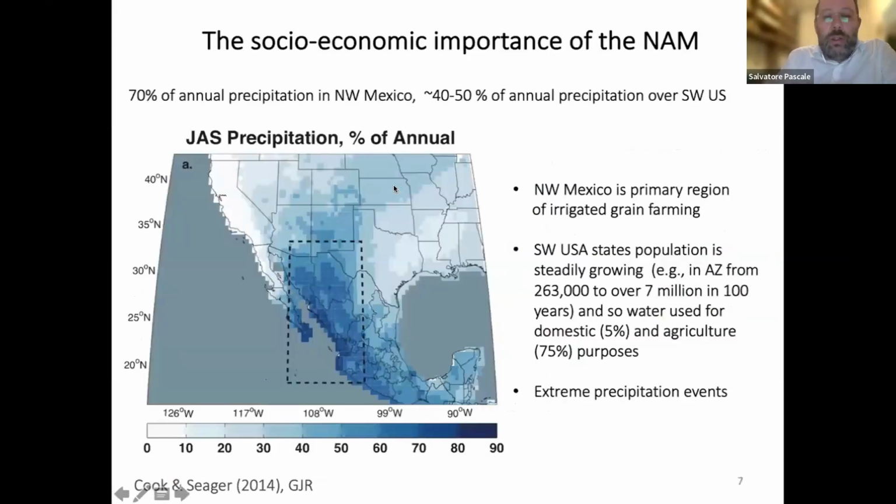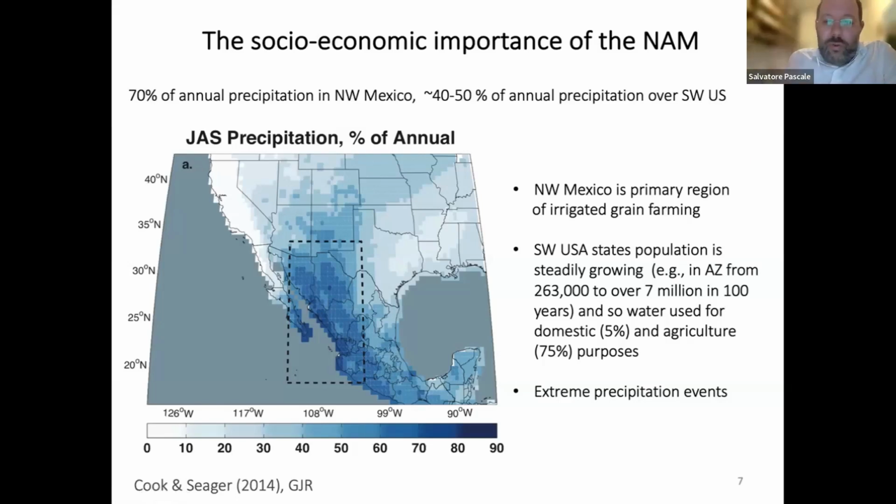All right, so of course, as for South America, the North American monsoon is very important for the population because, as all the monsoons, it provides a very large share of the annual precipitation, especially for Mexico, I would say, for Western Mexico.